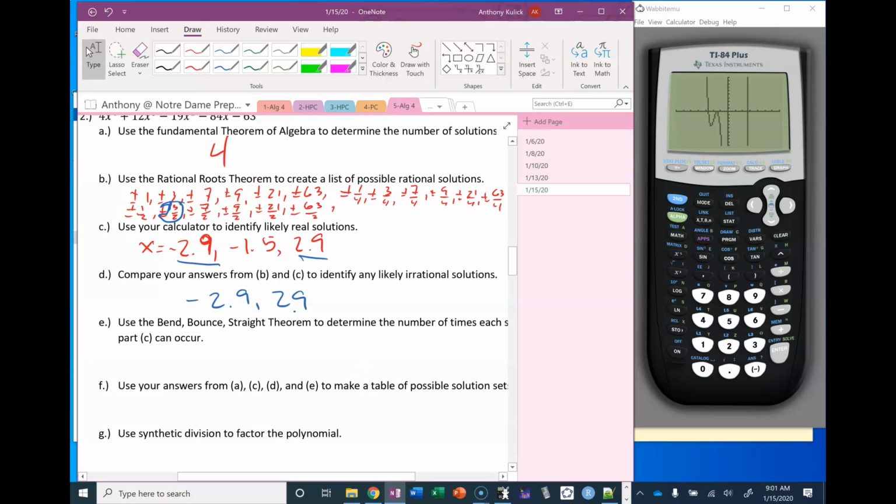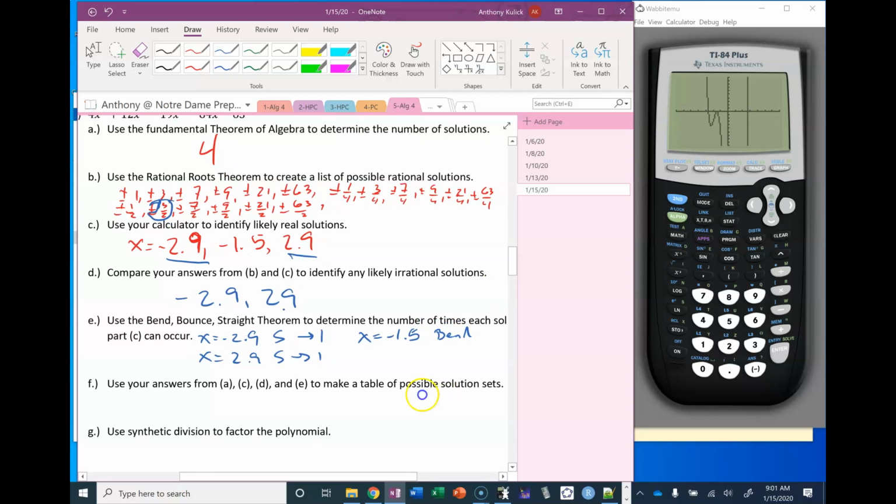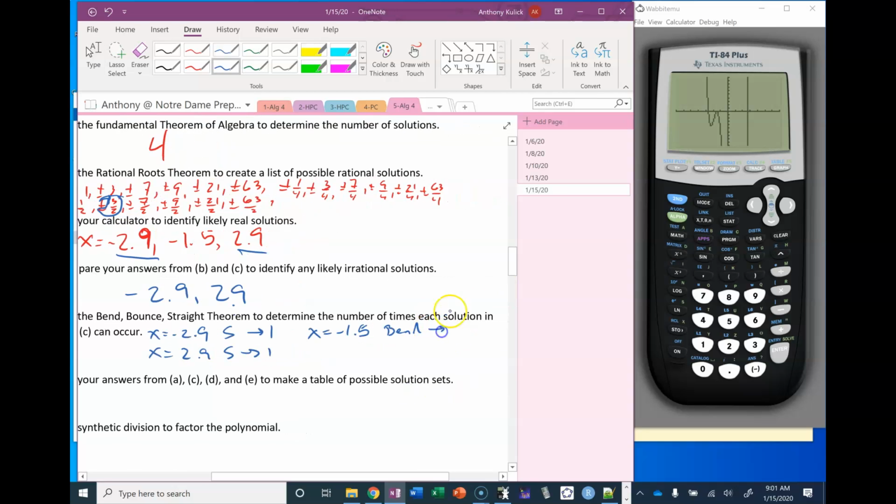Using my bend, bounce, or straight theorem, determine the number of times this could occur. So this one is a straight, so it can be used only once. The same thing with positive 2.9. Negative 1.5 is a bend, so that could be used, I'm sorry, it's not a bend, that's a bounce.